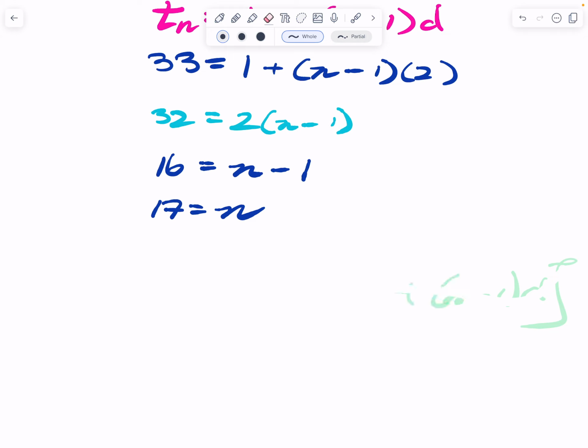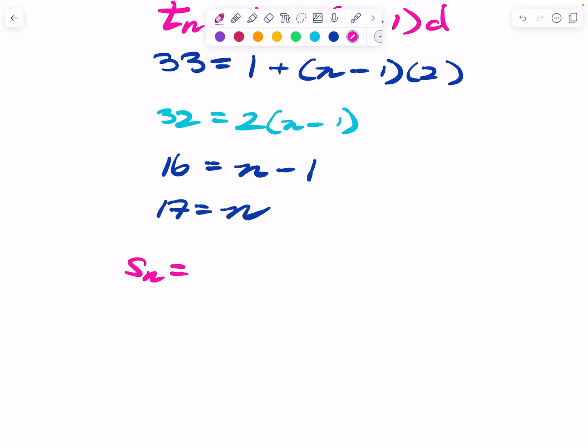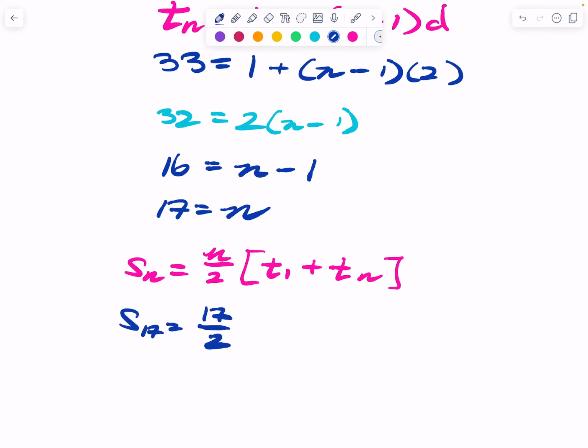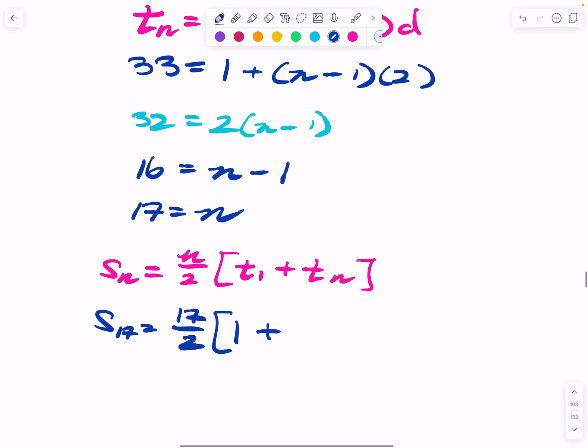So I would say find the sum using the other formula. Sn equals n over 2 times t1 plus tn. We have all the information for that as well. So S17 is 17 over 2 times the first term, which is 1, plus T17, that nth term, that last term, which is 33.